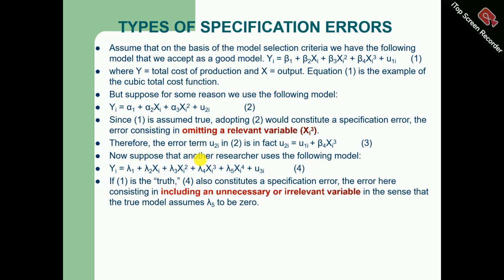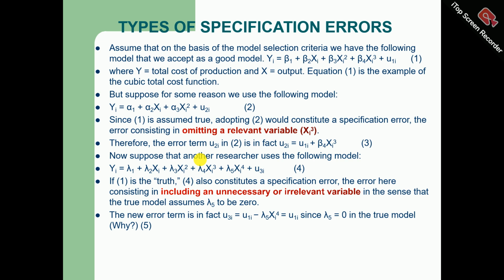So if we include xi raised to the power 4 in the model, where the true model has only xi, xi squared and xi cubed, then we are also committing specification bias or specification error, and that error consists in including an irrelevant variable, xi raised to the power 4.